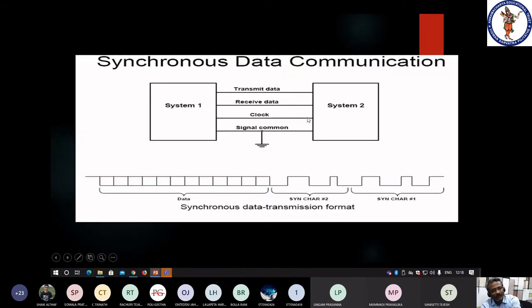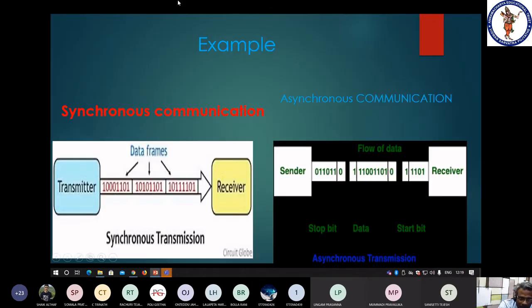So let us see at a glance. This is a data terminal equipment, and this is another data terminal equipment. Otherwise, simply call it one system and another system. So the data can be transferred synchronously. Let us see this diagram. This is the transmitter, and this is the receiver.